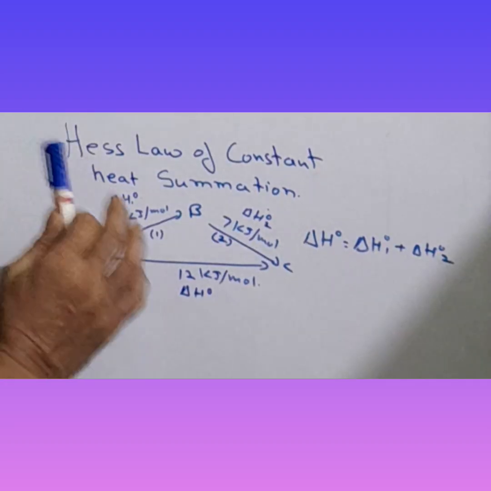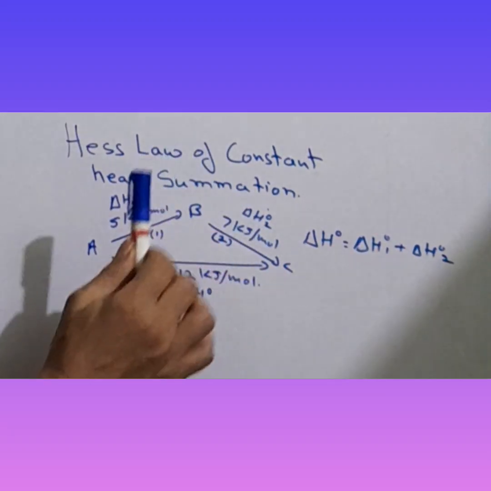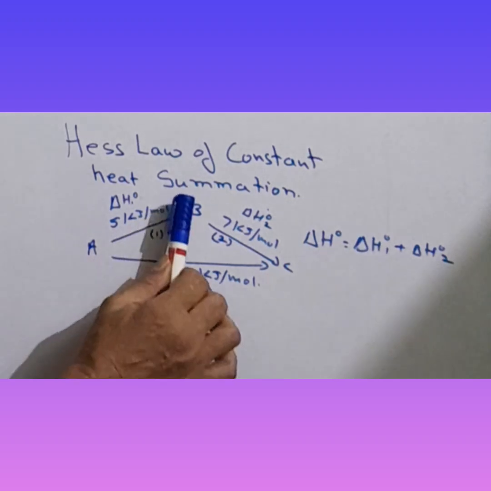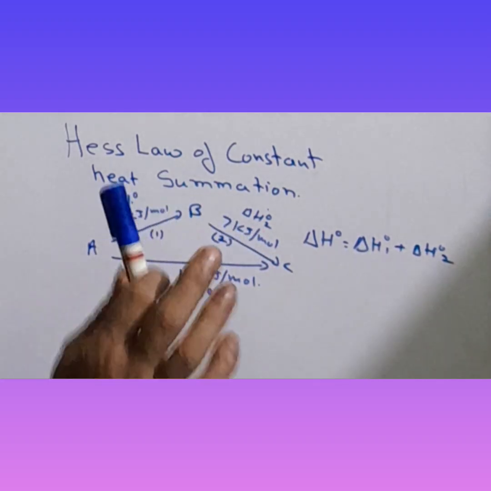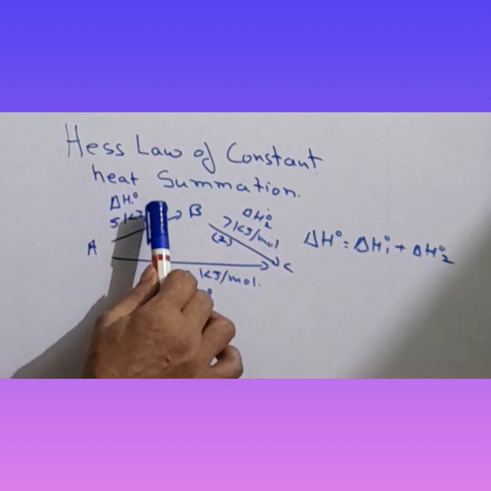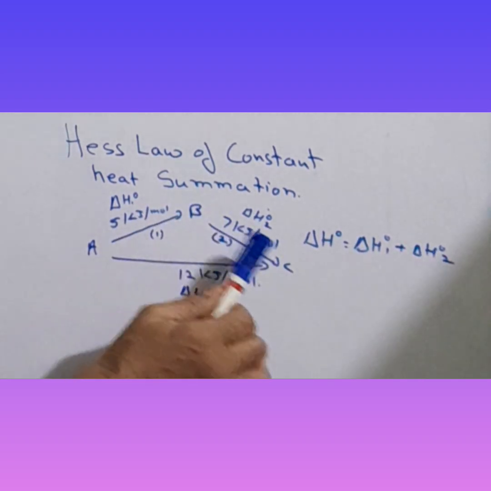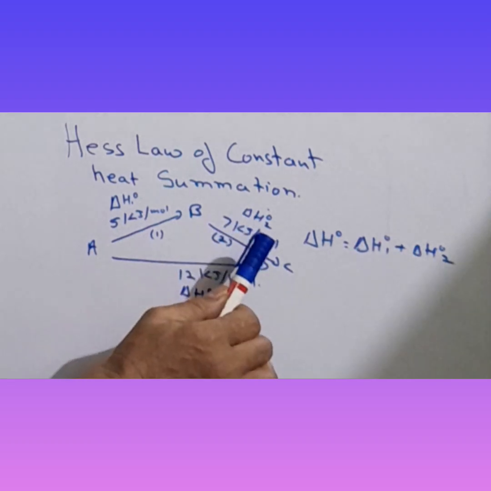Now in case of Hess law of constant heat summation, if A gives you C, and A also gives you C via B, that is in two steps, then this is standard enthalpy 5 kJ per mole, this is yet another standard enthalpy 7 kJ per mole.